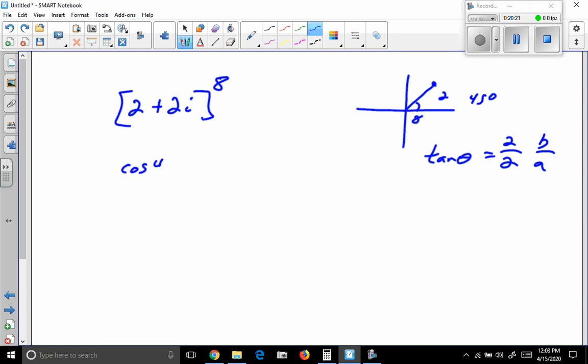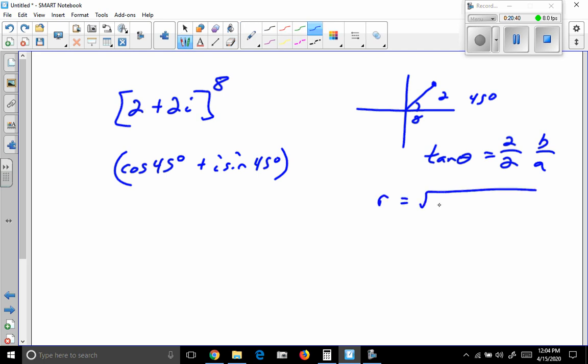So we're going to have cosine 45, sine 45. And then 2, let's start calling this radius, because really that's what it is.